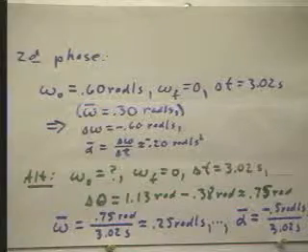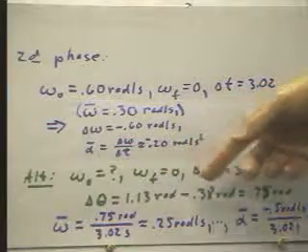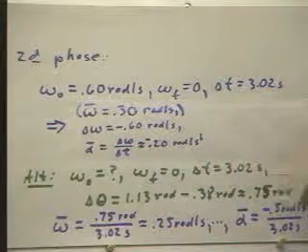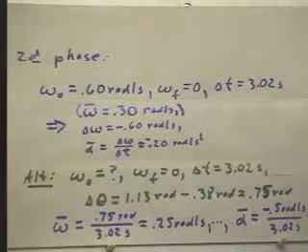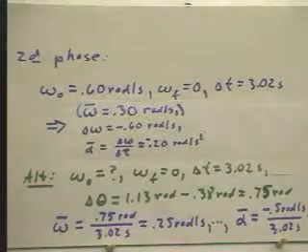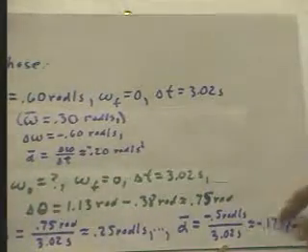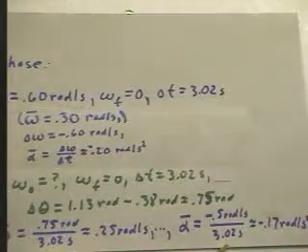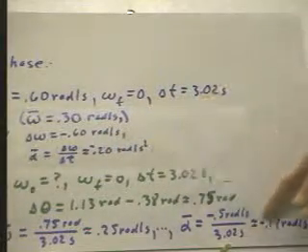And the change in velocity will be negative because we're going from a positive velocity down to 0. So we're going to have negative 0.5 radians per second change in velocity. And we divide that by the 3.02 seconds, and we get something that's pretty close to negative 0.17 radians per second squared, which is in fairly good agreement with the negative 0.20 that we got up here.